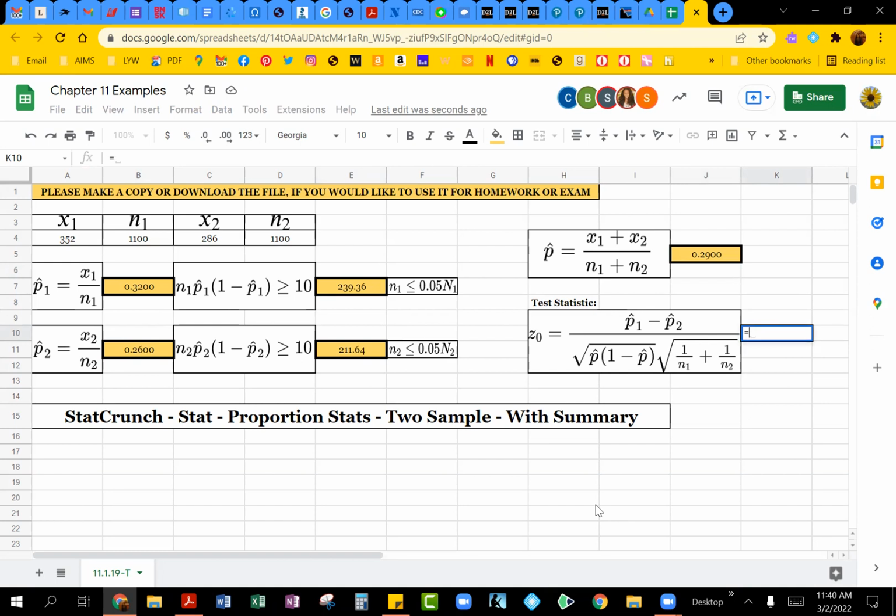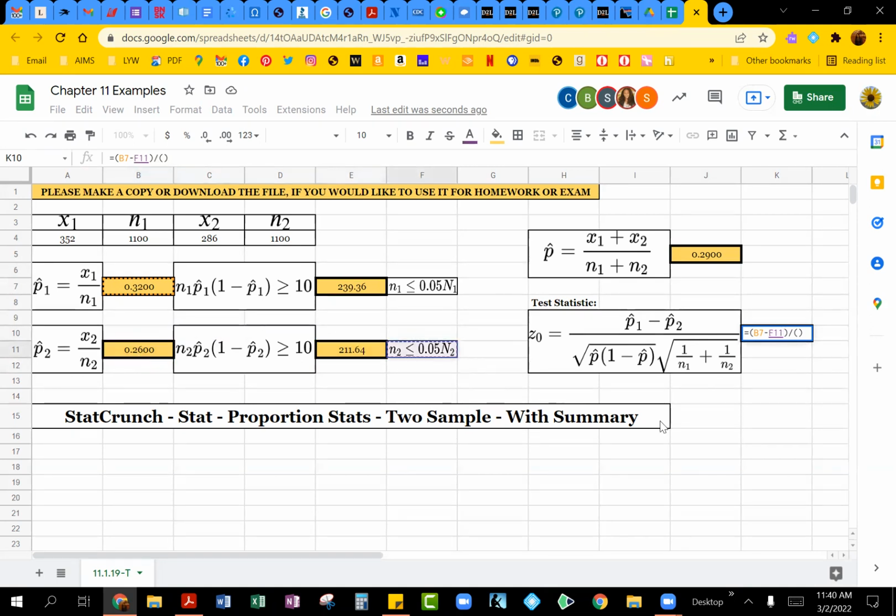So again, since we are doing p hat 1 minus p hat 2 on the numerator, we'll put that in parentheses, divided by, and we'll do parentheses again for the denominator. So in the numerator, p hat 1 is the 0.32 that we calculated here, minus p hat 2, which is the 0.26.